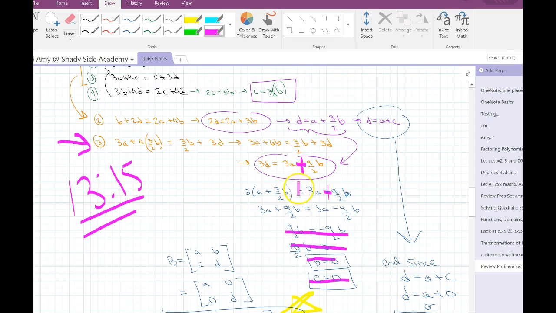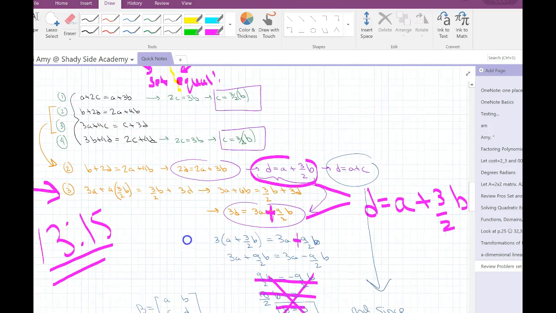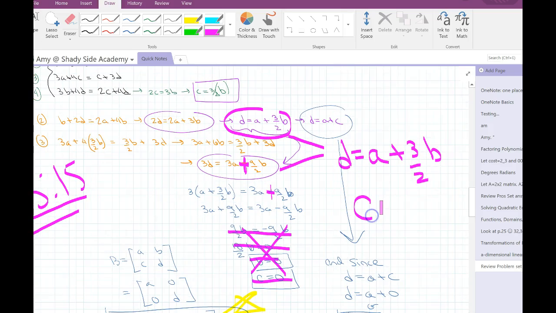But the point here is that equation 2 and equation 3 end up being identical, because they both just tell me D equals A plus 3 halves B. And I know from equations 1 and 4 that C equals 3 halves B.